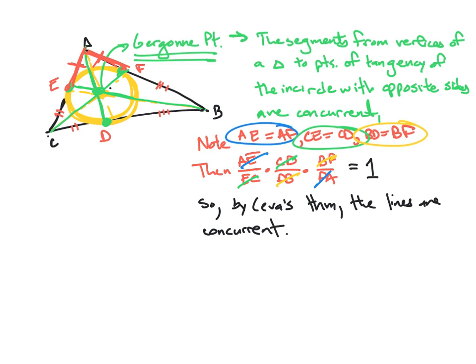And Ceva's theorem holds, and Menelaus' theorem holds in lots of different examples. So these are some really useful theorems, some really fascinating geometry of the triangle. So we're going to play around with that, and we're going to do some more cool stuff with it tomorrow.